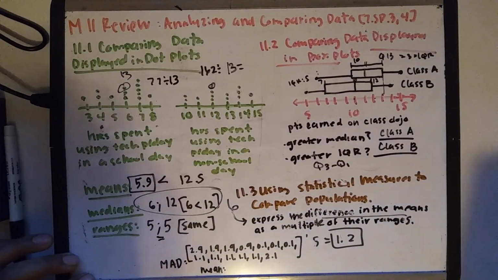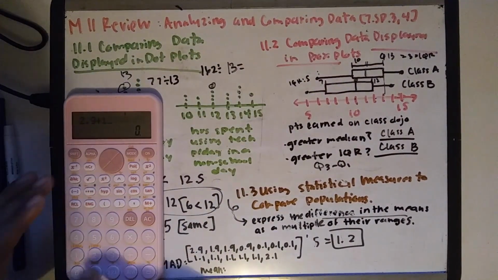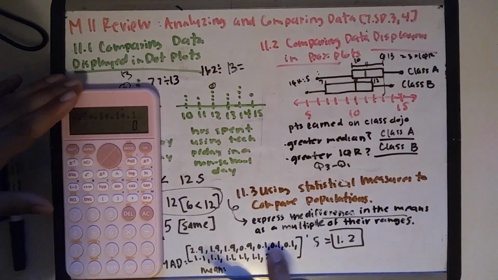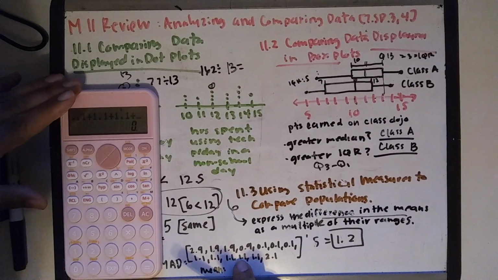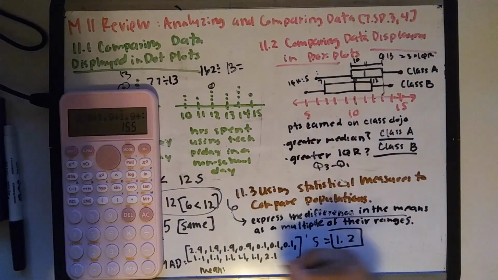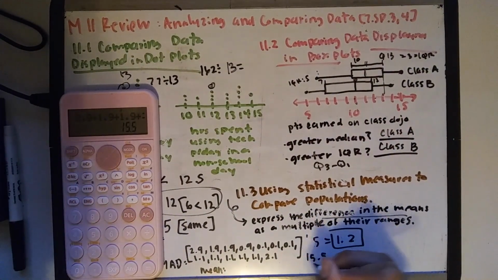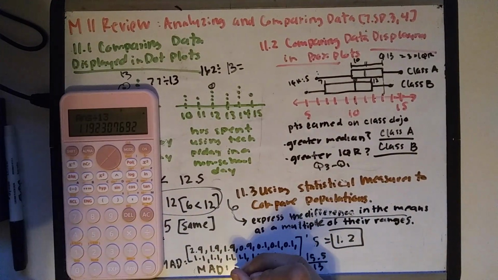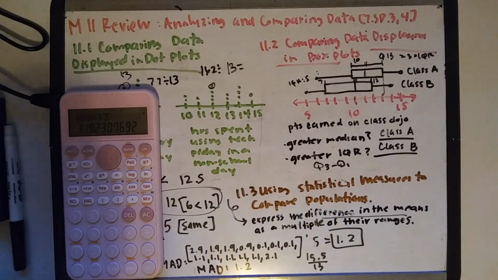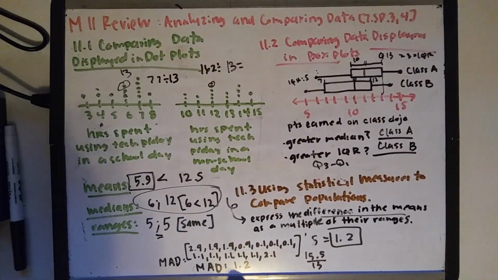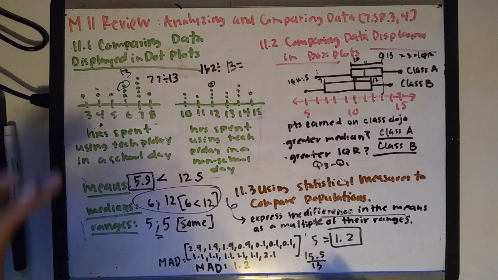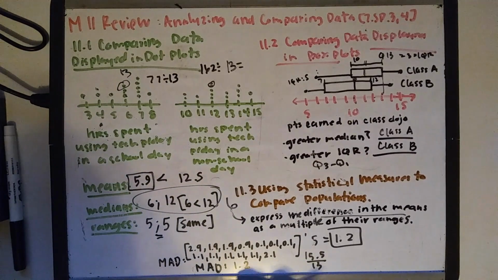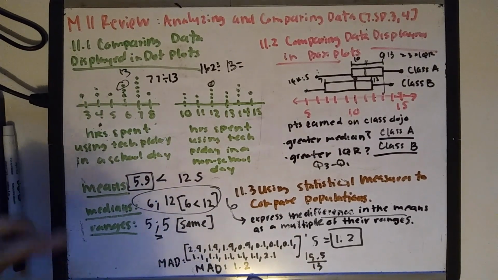So let me do that really quick. I got 15 and a half, and I have to divide that by 13. So I get approximately 1.2. What this means is that on average, every one of those points is 1 and 2 tenths away from the mean.